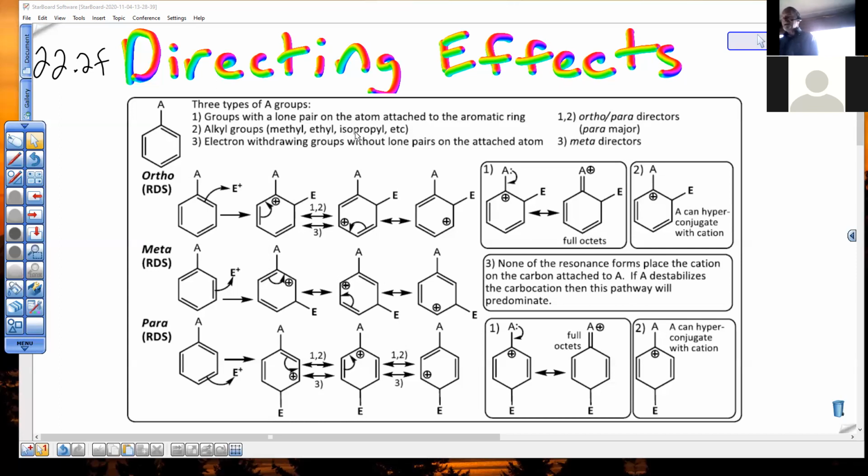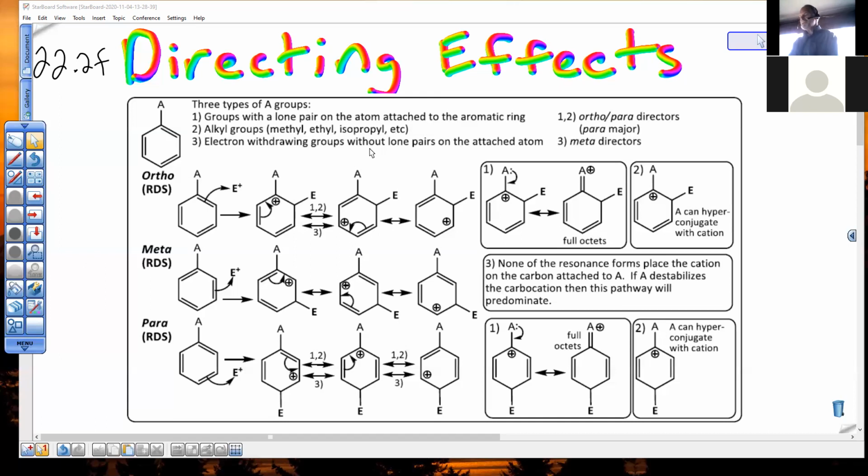Then we have the electron withdrawing groups without lone pairs on the attached atom. And in that case, you don't want that group anywhere near the carbocation. I mentioned I was having ill feelings when I saw the nitro group on the carbon with a carbocation, and hopefully that will be clear by the time we finish this page here.